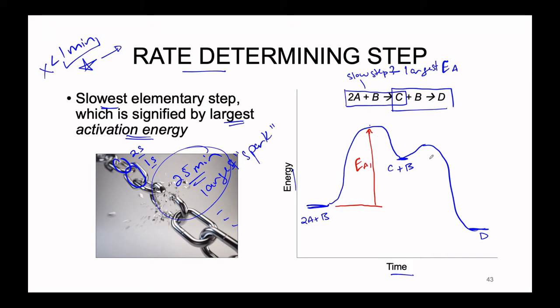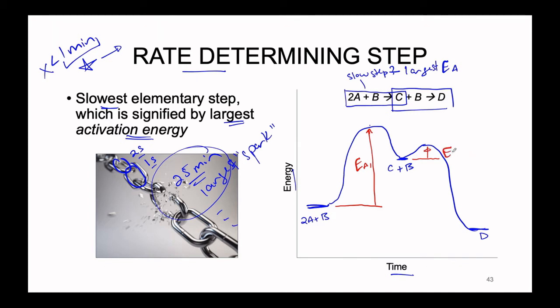Now, in the second step of the reaction, our reactants are higher in energy, but nonetheless, they are going to require some type of energy put in for the reaction to progress. But here we can see the difference from the energy of our reactants to the peak of this energetic requirement is much smaller than the first.